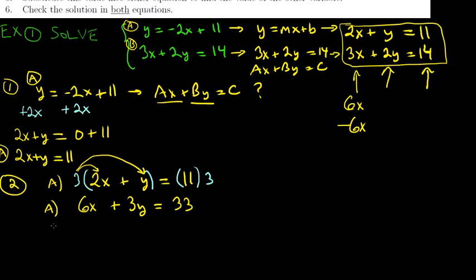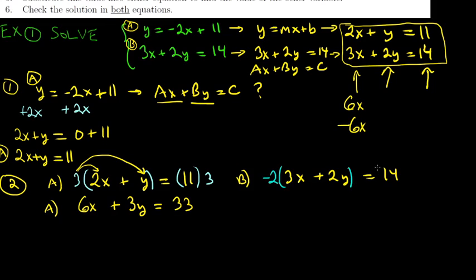Got it? Now let's do the same thing with equation B. Equation B was 3x plus 2y equals 14. Again, we want this 3 to become a negative 6, because we want to cancel the positive 6 here. So 3 times what is negative 6? Negative 6 divided by 3 is negative 2.